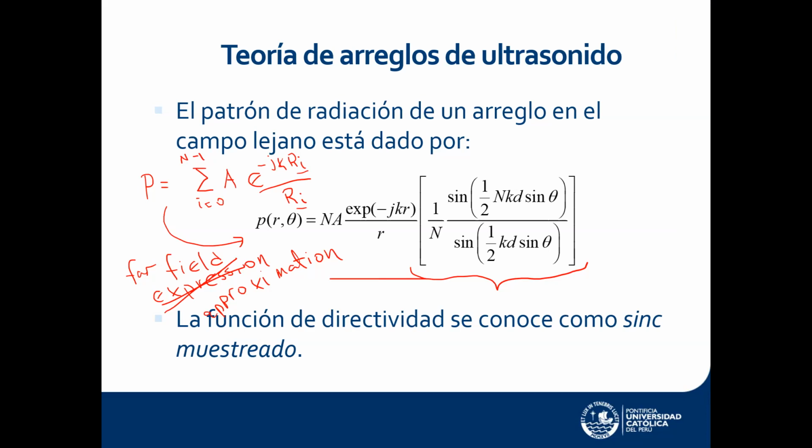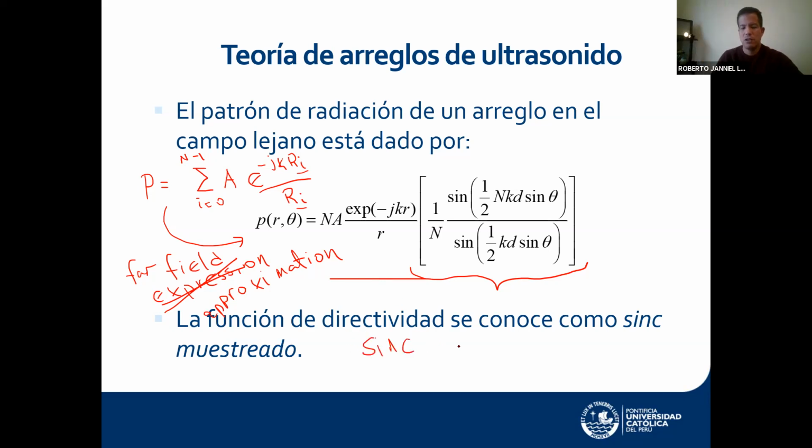But that's what it is. And this function, if you get to see it, you remember the sinc function, right? The sinc function is something like sine of x divided by x. And there are people that would define it differently. Some people would say that it's sine of pi x divided by x or sine of pi x divided by pi x. But in the end, it's kind of the same thing, right?